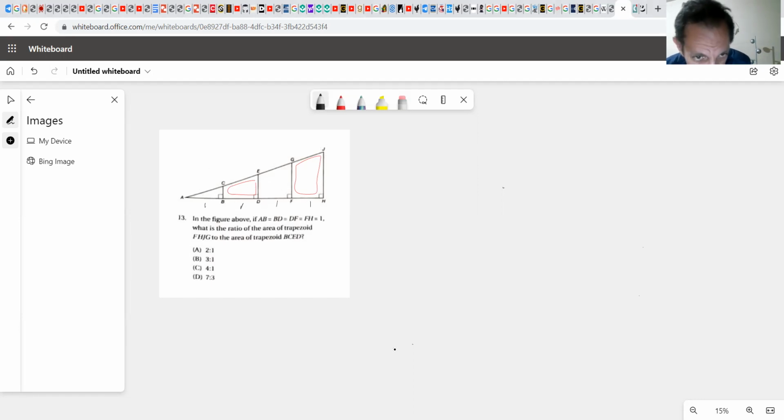So we want to find the area of trapezoids, and I know there is a formula for the area of a trapezoid, but it might be one of those that you might forget.